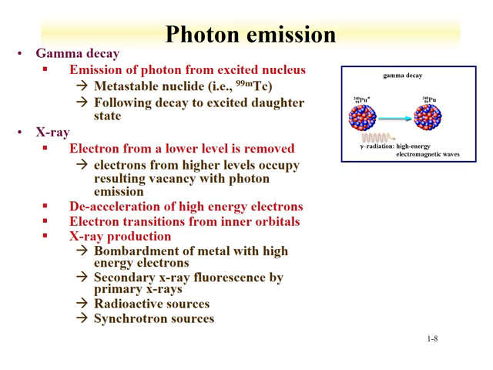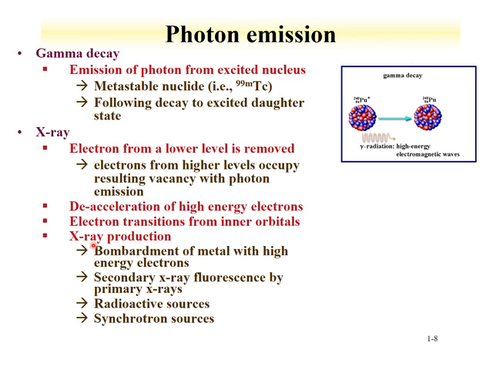X-rays are also photons. They tend to be at much lower energy, and this is an electron property. An electron is removed from a lower level, an electron comes down, and there is photon emission correlated with that. You can also have X-rays produced from deceleration of high energy electrons.